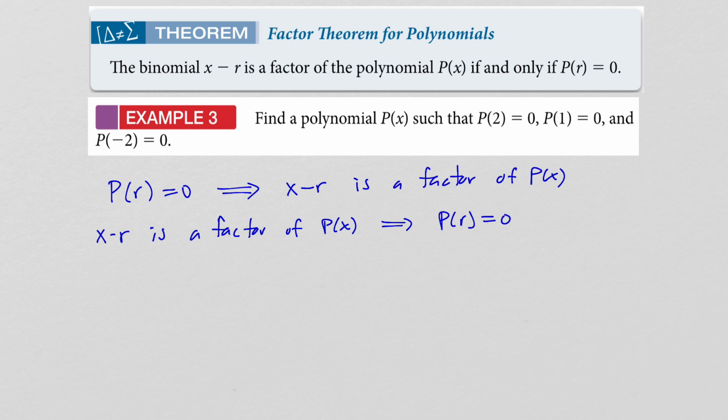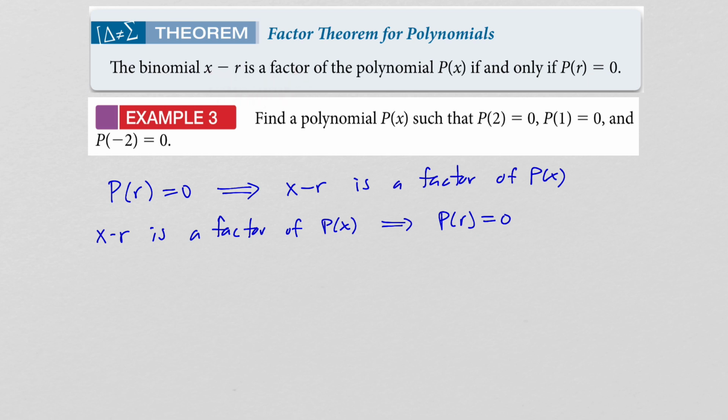So that's what is meant when they say if and only if. It means that if this is true, then we know this is true. And conversely, if this is true, we know that this is true.